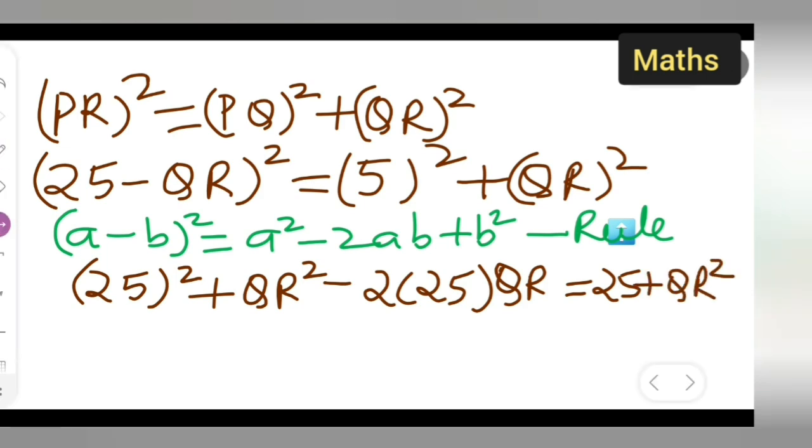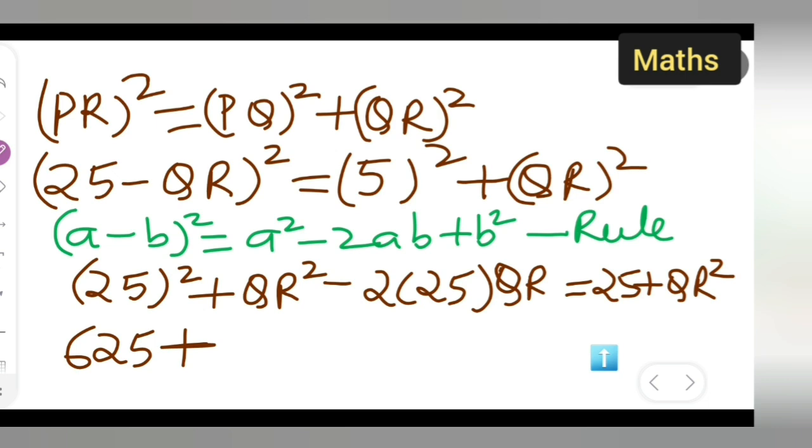Let me explain what I have done over here: 25 square, in place of A 25 is there, so put square. Then in place of B, QR, so plus QR square, minus 2 into 25 into QR it will be. So just multiply and write down this. 5 square is 25 plus QR square. So here 25 square is nothing but 625 plus.